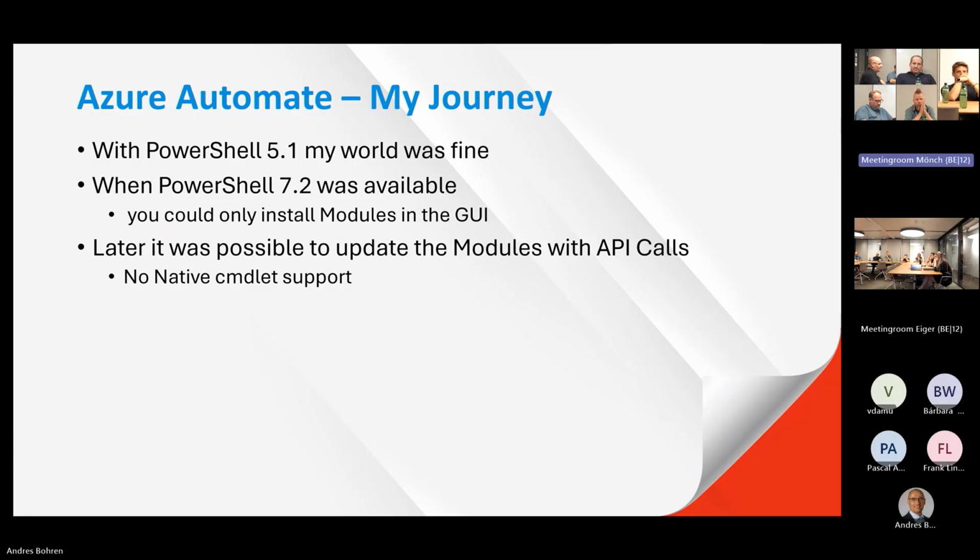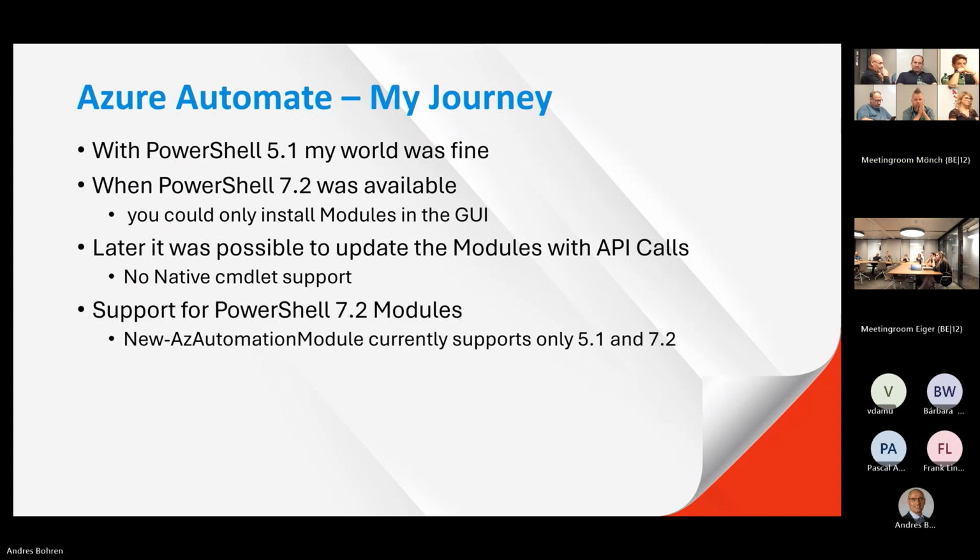Later, it was possible to add and update modules with API calls, but still no native cmdlet support in Az PowerShell, for example. Then came a version where you had support for the modules, like the new Az.Automation module, which supported parameters where you can say, that's for PowerShell 5, that's for PowerShell 7.2.